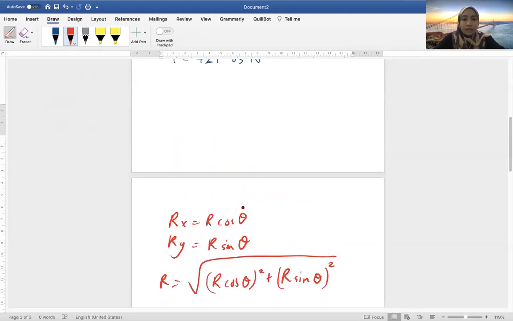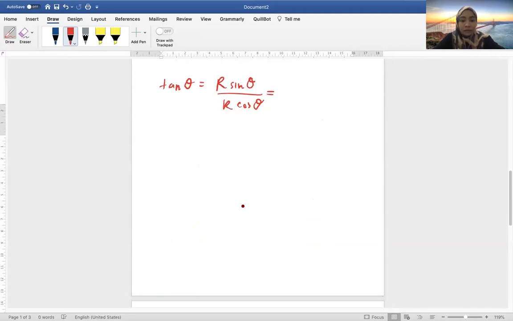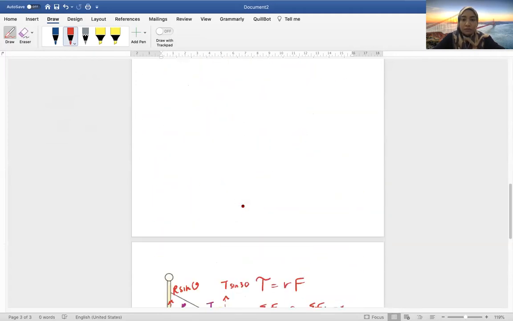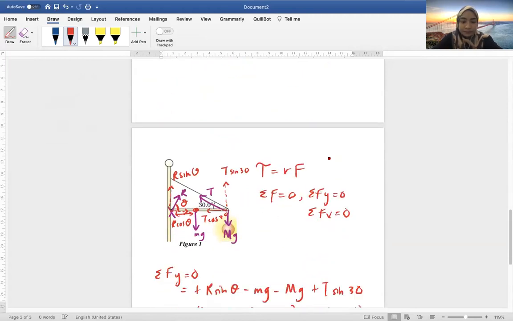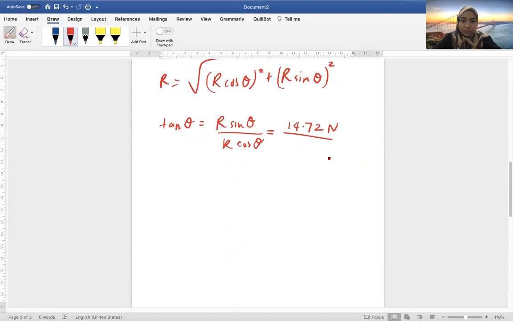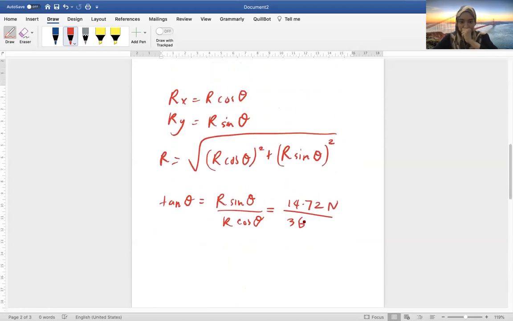Okay. So R sine theta, we solved earlier, was 14.72, right? And this one was 365.32. So this is equal to tangent theta. To solve for theta, we just do it as usual, inverse tangent. 2.3.